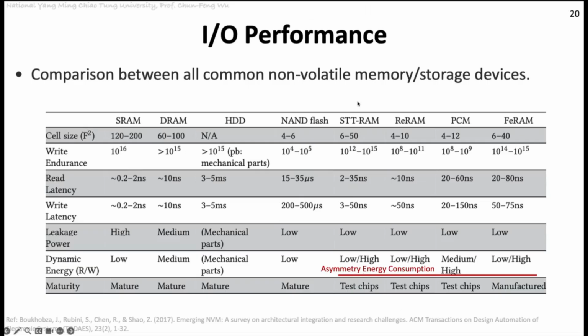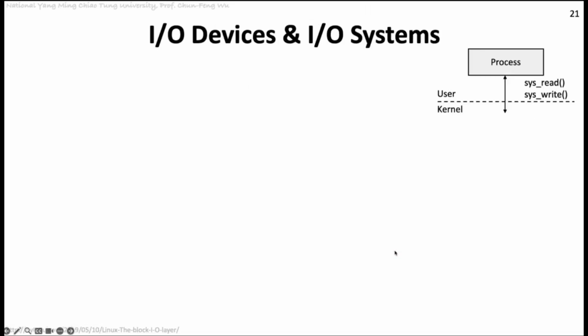For some memory, like STT-RAM, going from 10 to 01 or from 00 to 11 consumes different energy. And for STT-MRAM and those kinds of memory, read and write also consume different energy. Okay, so that is for the performance part.